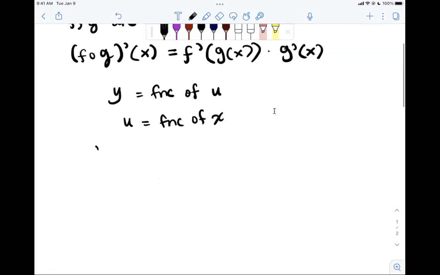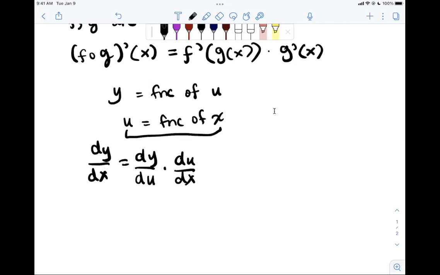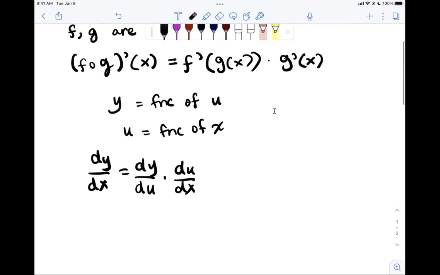And so we can look at dy/dx, the derivative of y with respect to x, and that's going to be equal to dy/du, so we differentiate this guy, times du/dx, which is what we get when we differentiate this guy. And so these are just equivalent ways to state the chain rule. It's actually pretty simple once you get used to it, but the notation can be a little awkward at first. Let's do some examples.